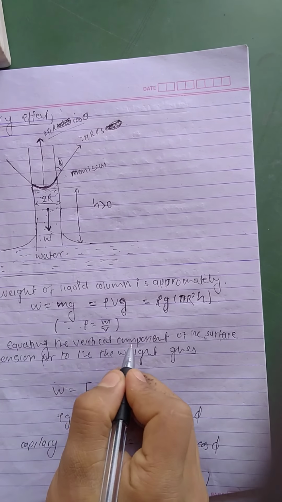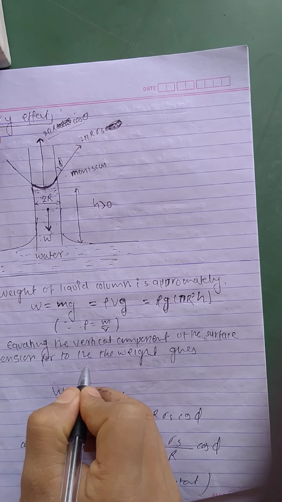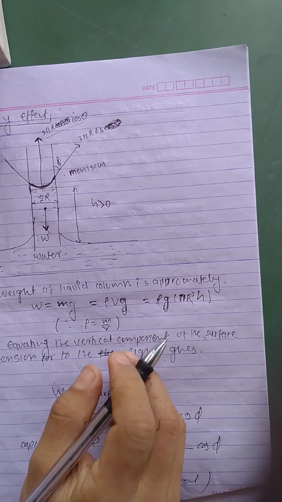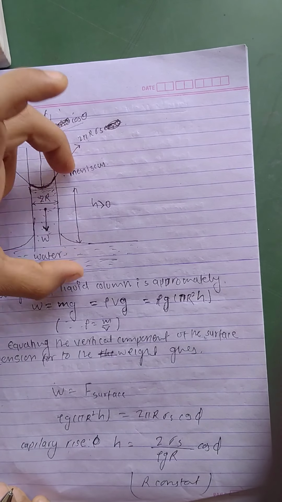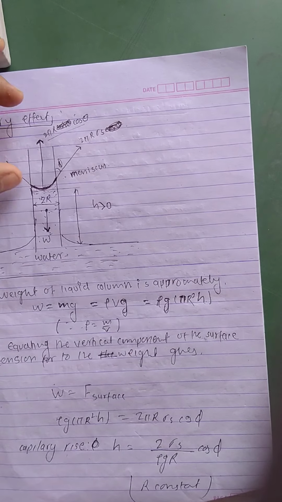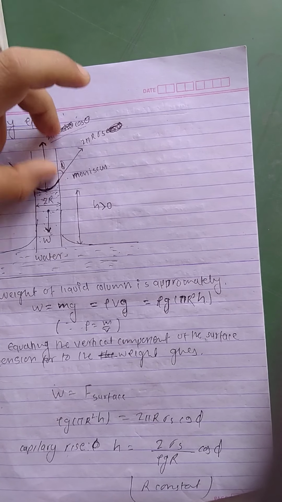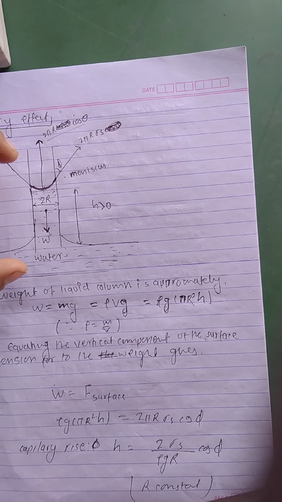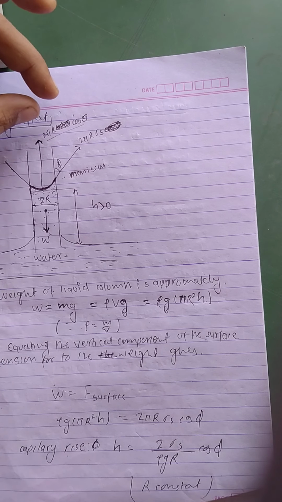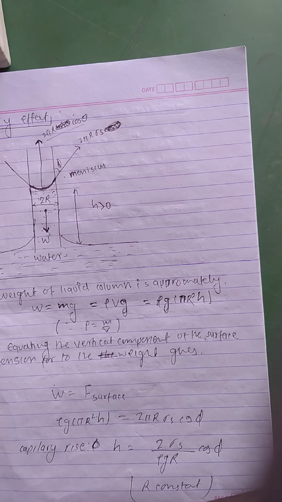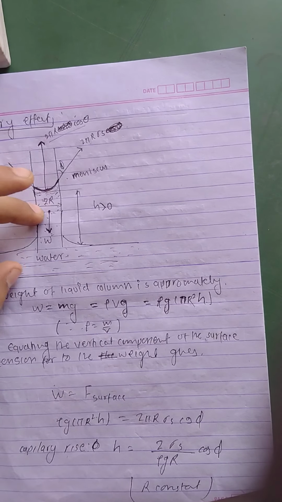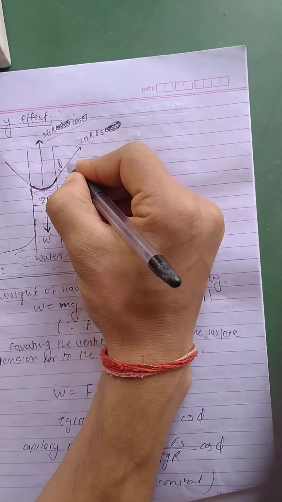Now equate the vertical component of the surface tension to the weight. To get the height of the capillary rise, we equate the upward force and the downward force; the liquid will rise until they are equal.